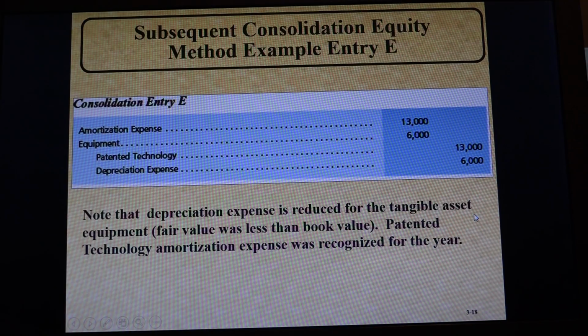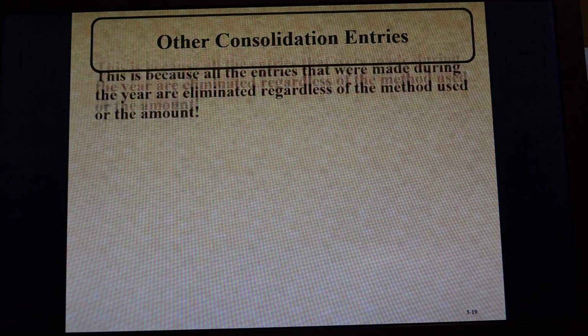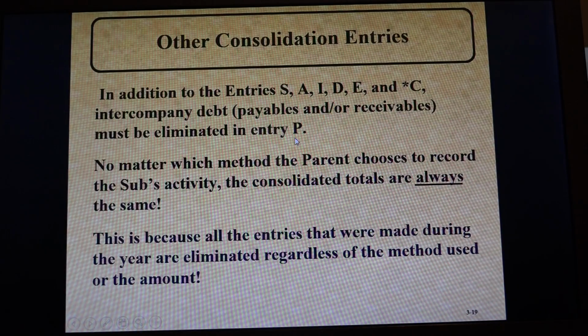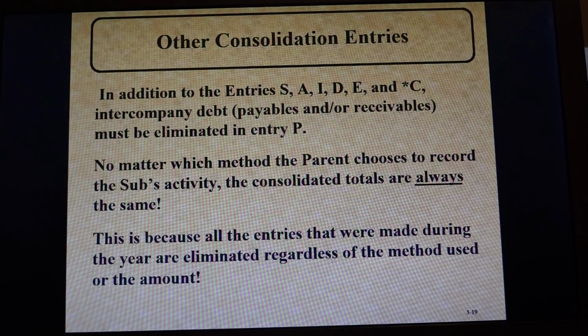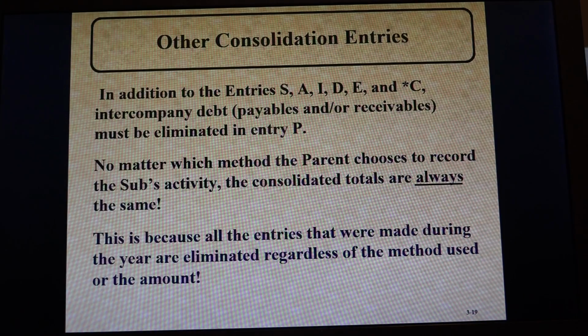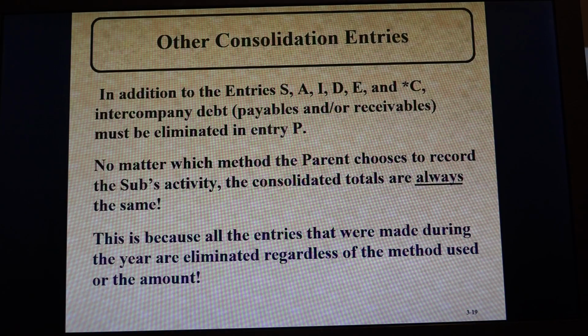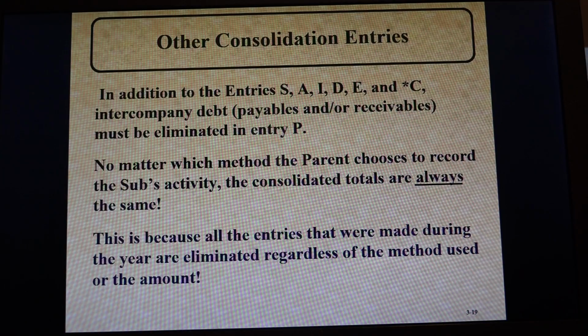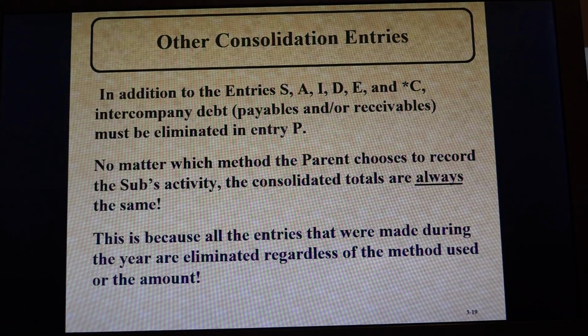All right. The only other consolidation entry that you might have is consolidation entry P. And if you look at Exhibit 3.7, they have an example of an intra-entity debt of $40,000 owed by the sub to the parent.